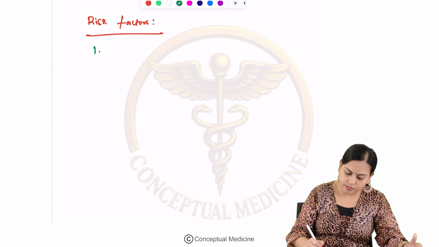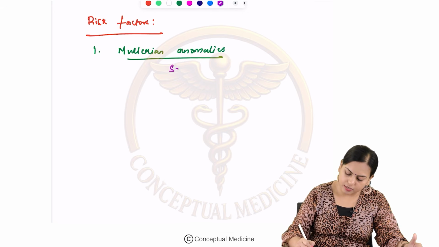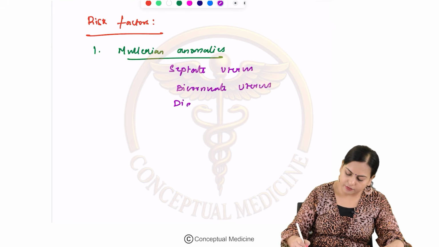First point is Mullerian anomalies. These can be septate uterus, bicornuate uterus, or didelphys uterus.